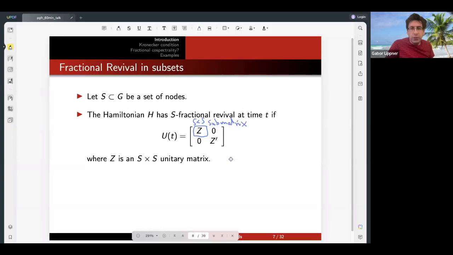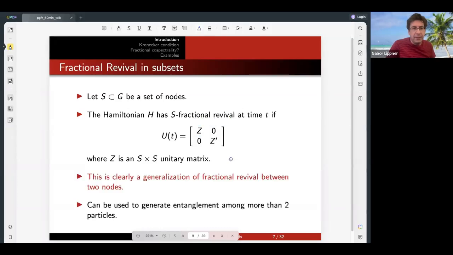Now, this is all good, but there is a caveat. Oh, the caveat is on the next slide, I think. So this is a generalization of the 2x2 case, and can be used to generate entanglement among more than two particles. Okay, so I'll come back to the caveat in a slide or two.